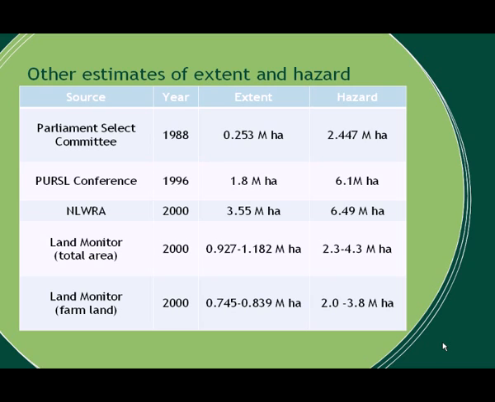In terms of hazard, it used a different level of surveying data from contour data to map within the valley floors areas that were lower relative to the base of the valley, and areas that were slightly higher, still within the valley, but up towards the flanks. So the range of hazard changed to be 2.3 to 4.3 million hectares, depending on the elevation of the landscape within the valleys itself.